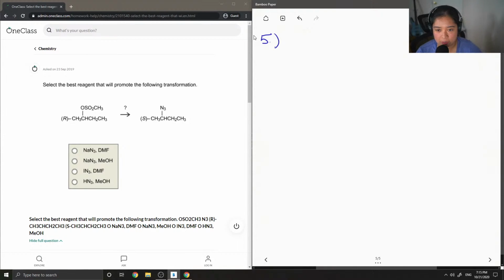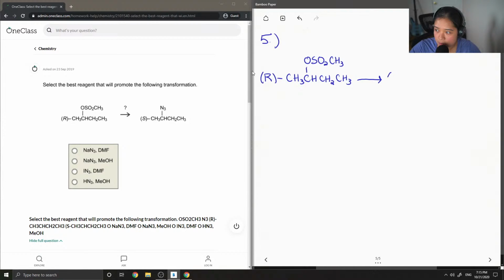Select the best reagent that will promote the following transformation. So here, we have the R configuration of this, and then we're looking for a reagent to convert it to the S configuration.